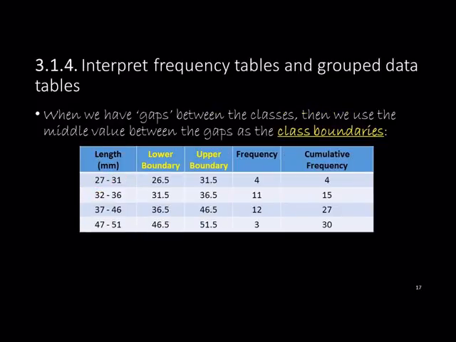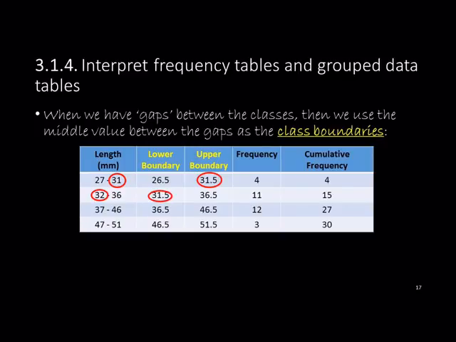When we do have gaps between the classes, then we use the middle value between the gaps as the class boundaries. So we can see that the middle value between 31 and 32 is actually 31.5. So 31.5 will be our upper boundary for the first class and the lower boundary for the second class.